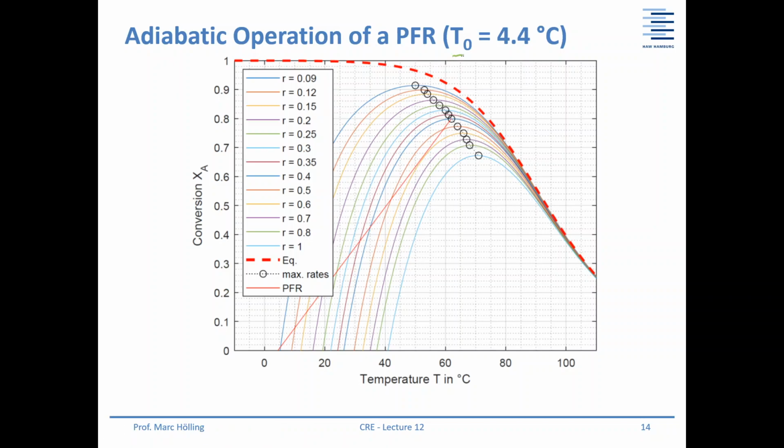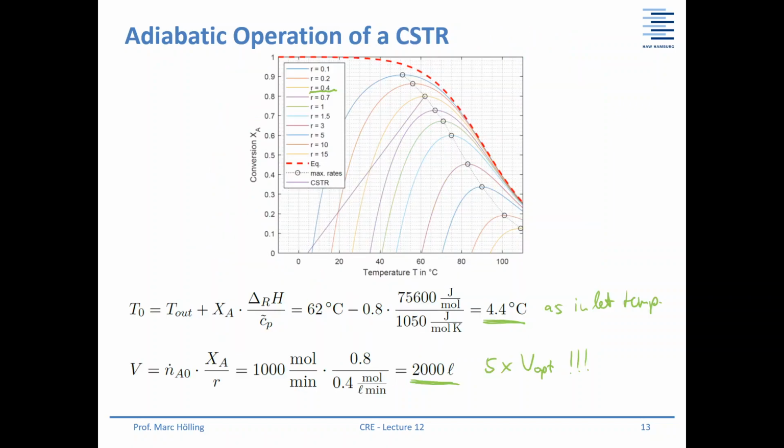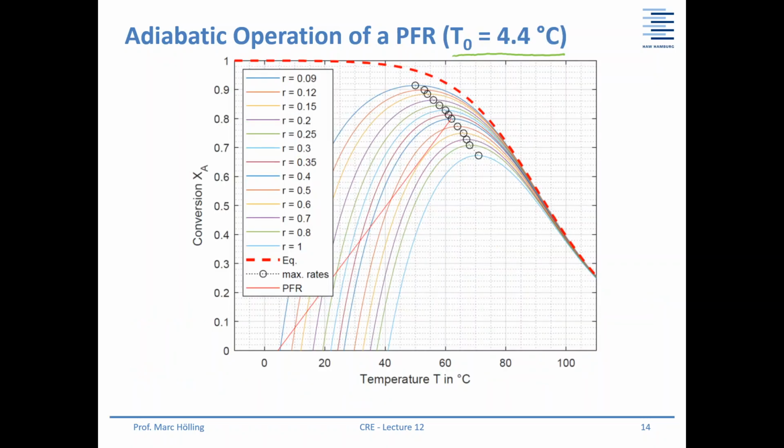So we start here with the inlet temperature of 4.4 degrees Celsius. This is basically the same line as we had for the continuously stirred tank reactor. So with this, our enthalpy line would stay the same. It would look like this, but this is not the best choice.